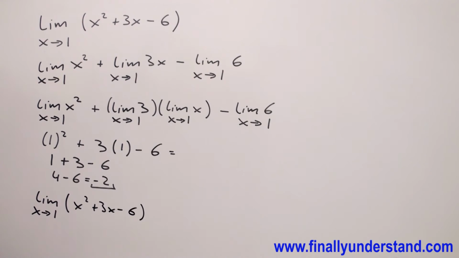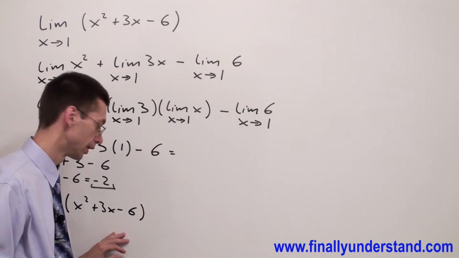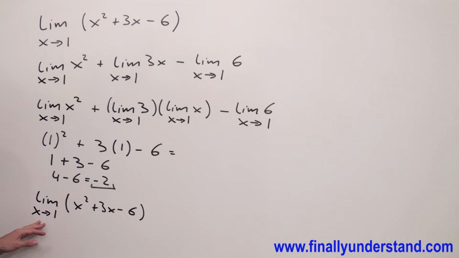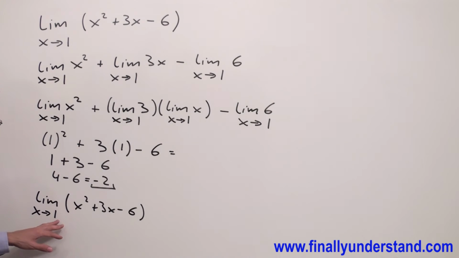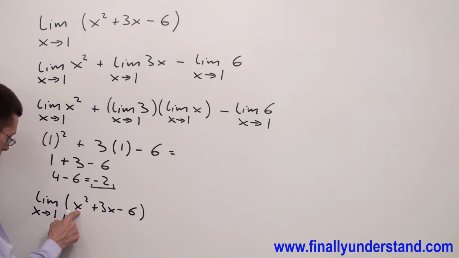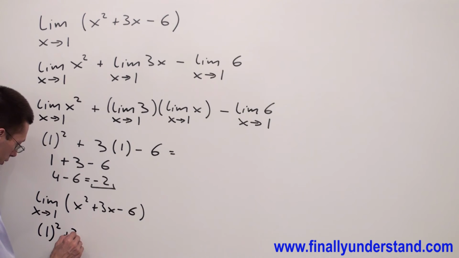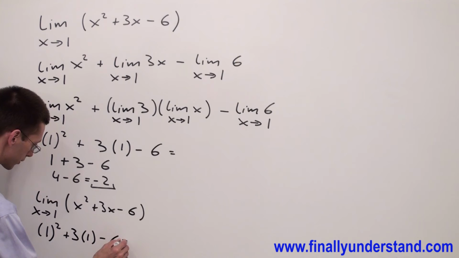Anytime you calculate the limit of a polynomial and your x approaches a real number, or let's say anything different than infinity, you're supposed to simply replace x with that value. So you are going to have 1 squared plus 3 times 1 minus 6.